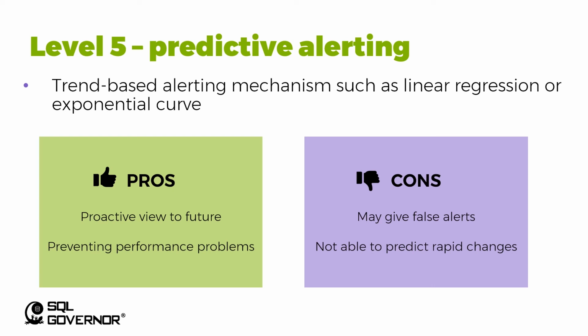This means that linear regression is always a certain compromise of the data points that it's looking at. So very rapid changes in CPU utilization, for example, may not be tracked there. But for that kind of situation, we have other alerting mechanisms that have a better grip.